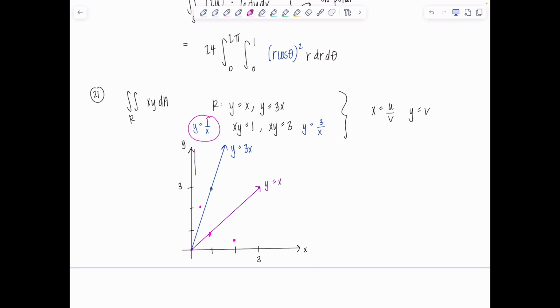So let's just say it's like right here-ish. y equals 1 over x. And then y equals 3 over x. I need another color. This is good. Okay, so if x is 1, y is 3. If x is 3, y is 1. So it should just be higher up.